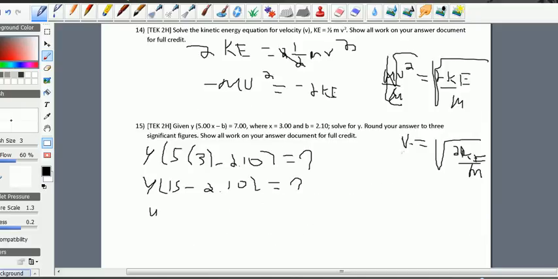That gives me y times 12.9 equals 7 divided by 12.9.